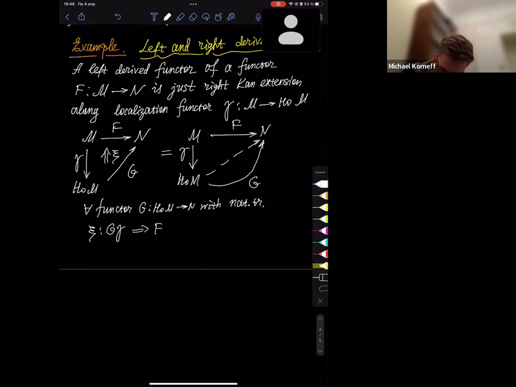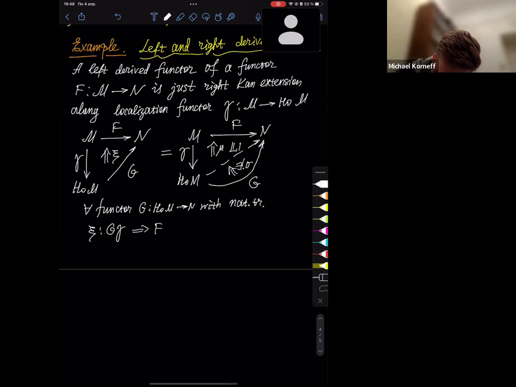There exists a factorization. There is a unique natural transformation sigma, and there is a derived functor LF of F from M to N, such that we have the following identification. Okay, and in the same way we can define a right derived functor.